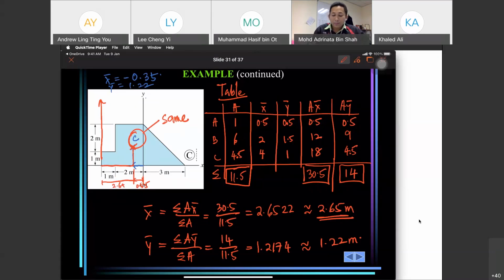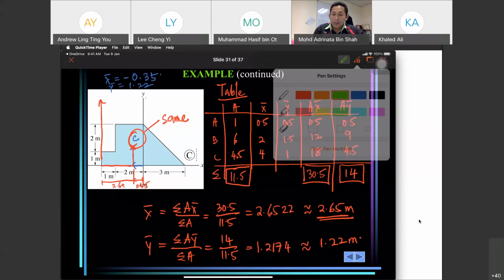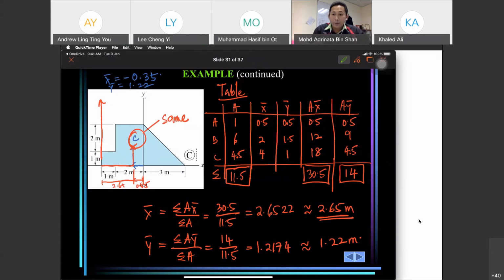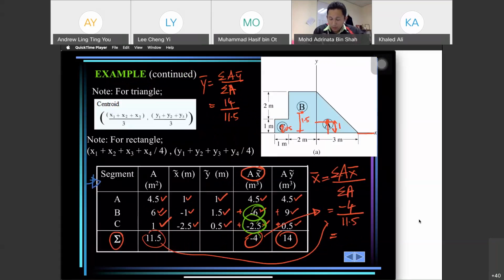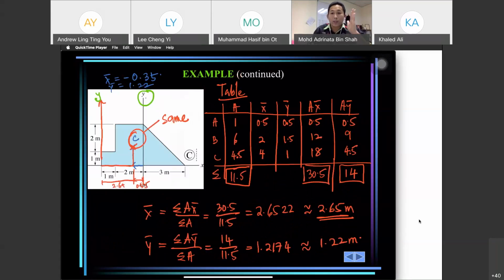So it is how you put your y. Okay, if you put your y here, you have all the positive answer. This is what I prefer, because I don't like the negative answer because it will confuse me. So I prefer to move my y to the first line of the shape.